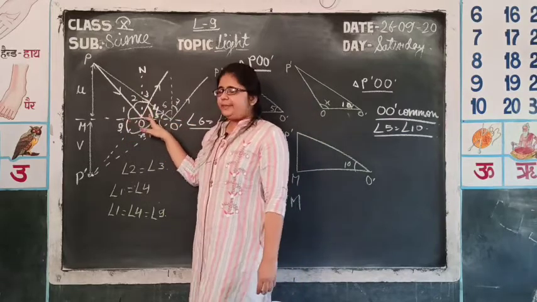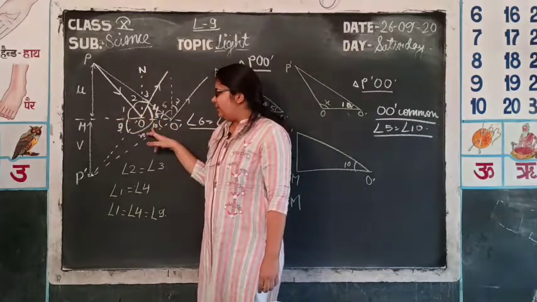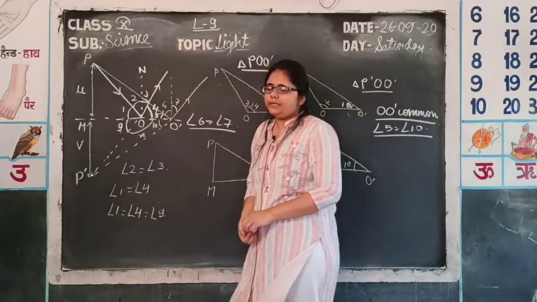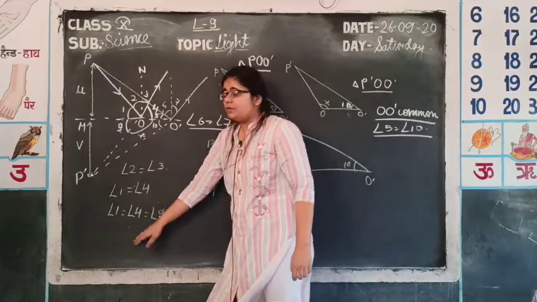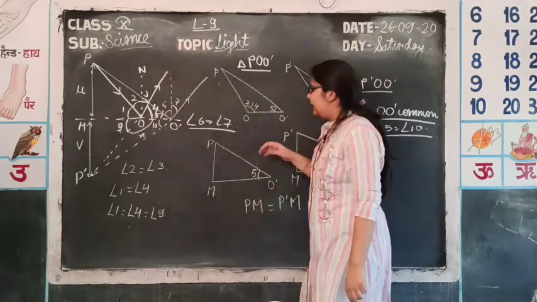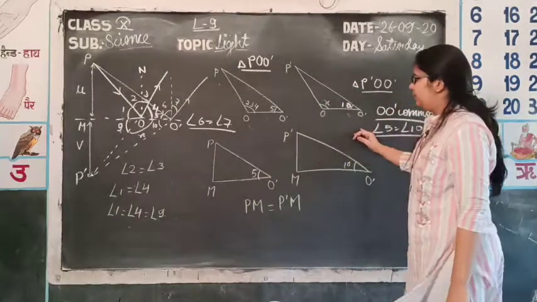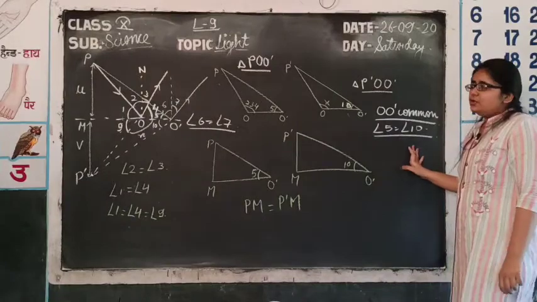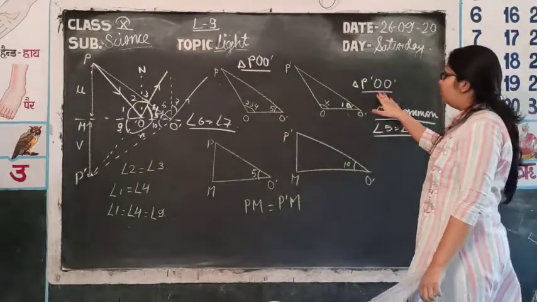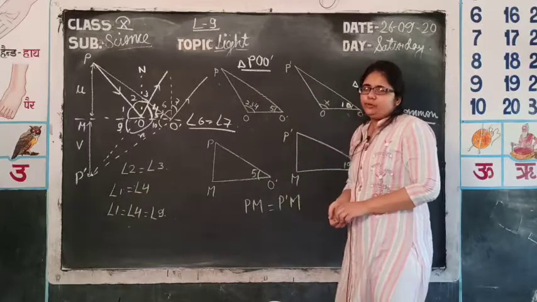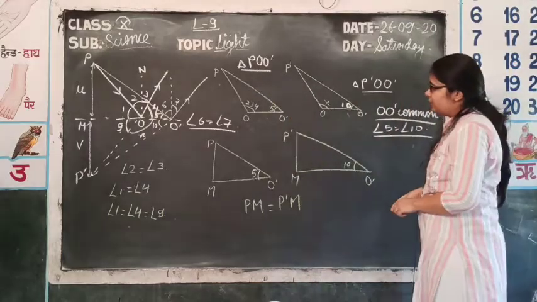So, 180 minus angle 1 is equal to 180 minus angle 9, as 1 and 9 are equal to each other. So, the sum of angles 2, 3 and 4 and angle x are equal. So, two angles and one side are common. So, triangle P dash OO dash and triangle POO dash are congruent, that is, similar to each other.